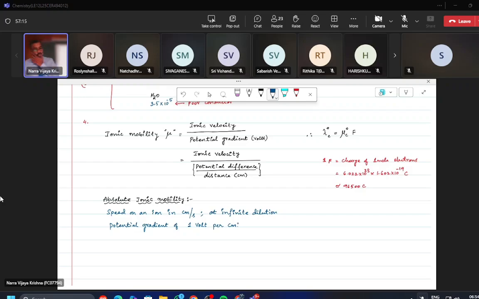This is called absolute ionic mobility. Ionic mobility and absolute ionic mobility. Next one, transport number.